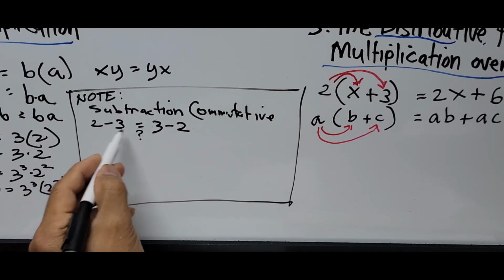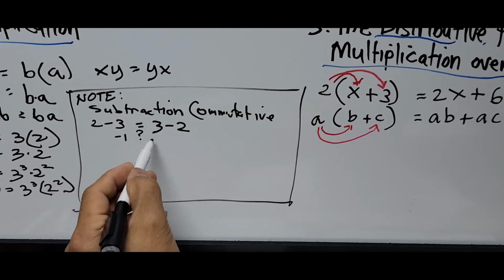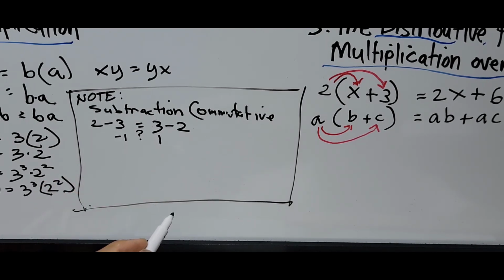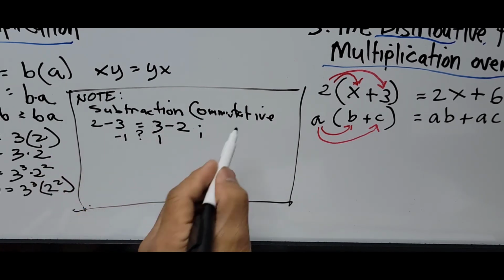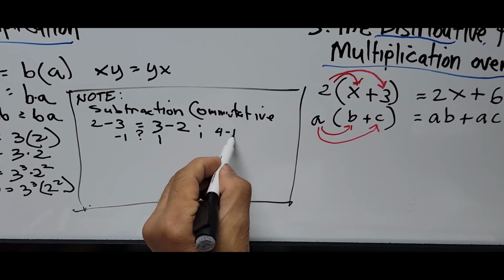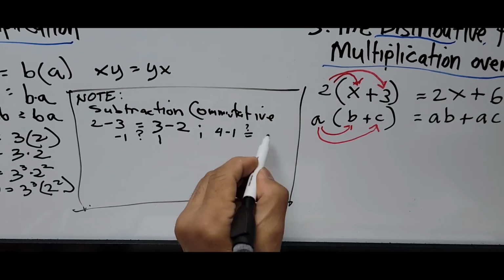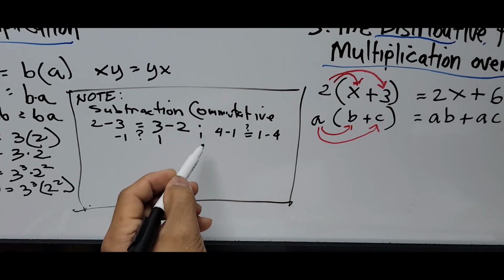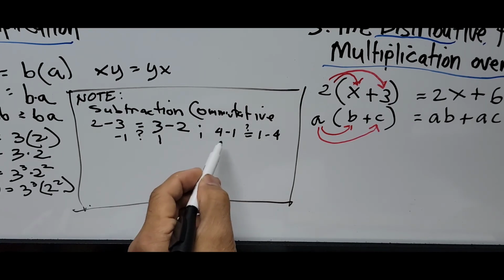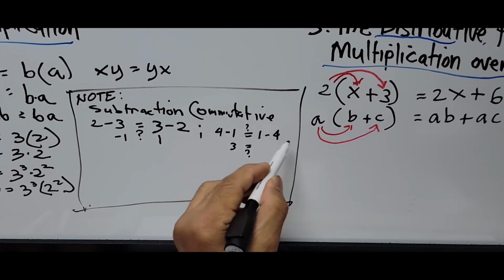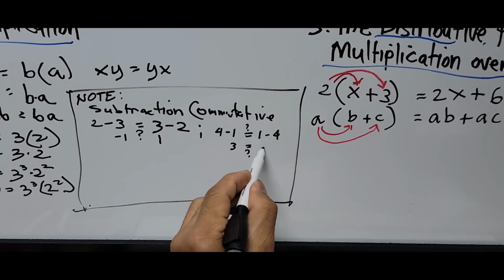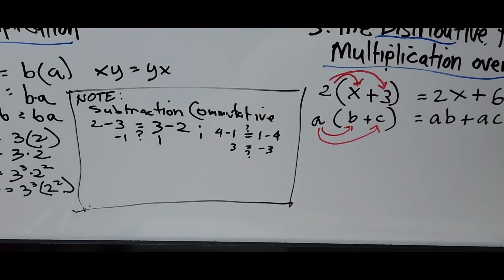This is because 2 minus 3 is negative 1 and 3 minus 2 is 1, right? Let's say another one. 4 minus 1, is that equal to 1 minus 4? 4 minus 1 is 3. Is that equal to 1 minus 4? 1 minus 4 is negative 3. So it's not applicable on subtraction.